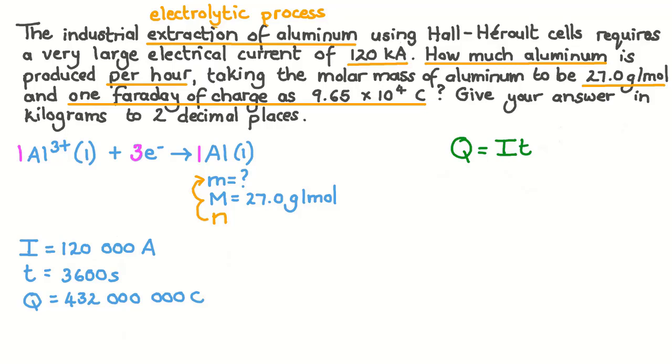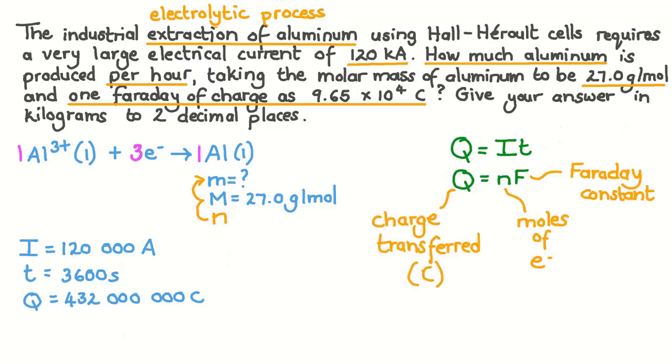The next step is to convert the amount of charge transferred to a number of moles of electrons transferred. There are various ways to do this. One way is to use the key equation Q equals NF, where Q is the charge transferred in coulombs, N the number of moles of electrons transferred, and F the Faraday constant. Now we are given 1 Faraday of charge as 9.65 times 10 to the 4 coulombs.